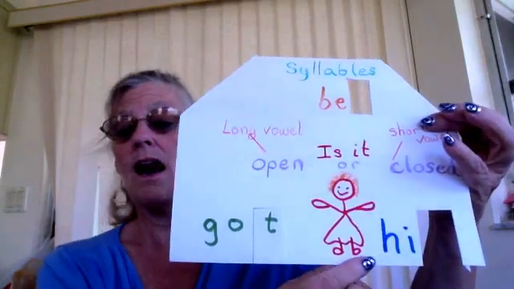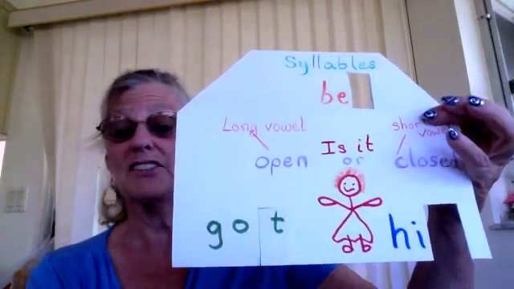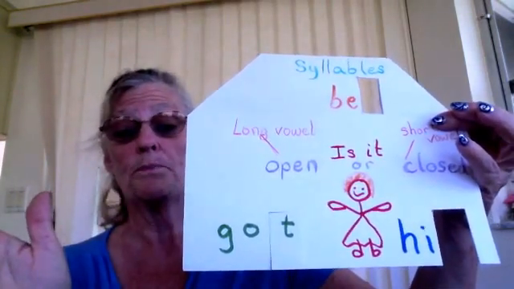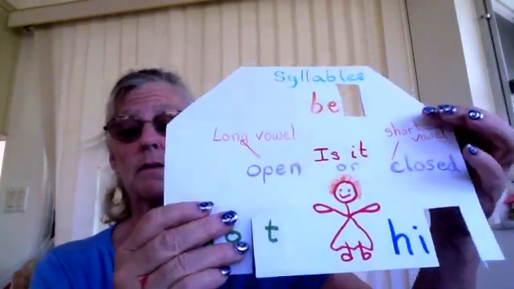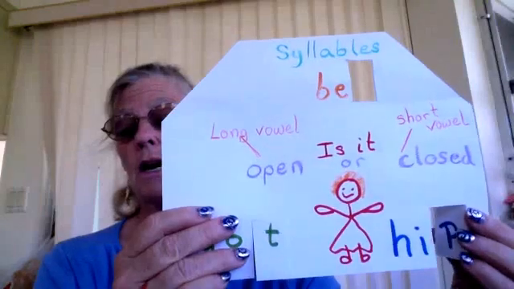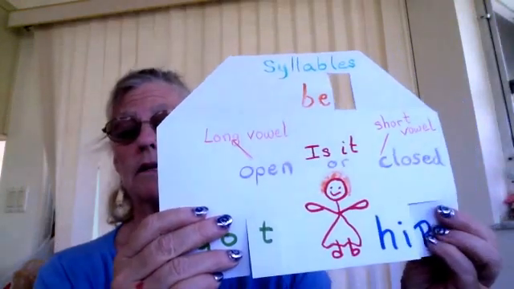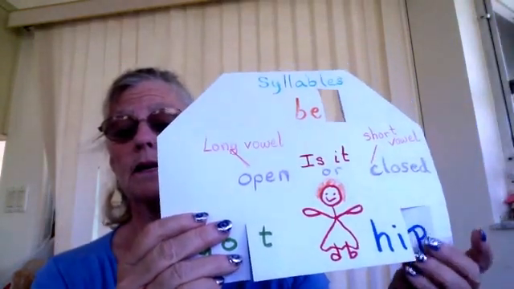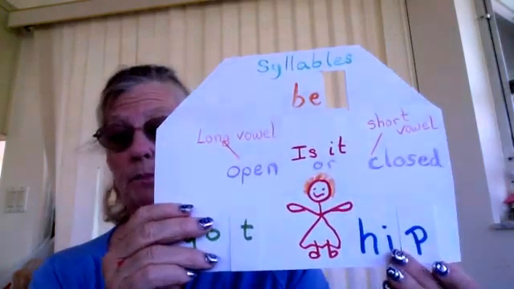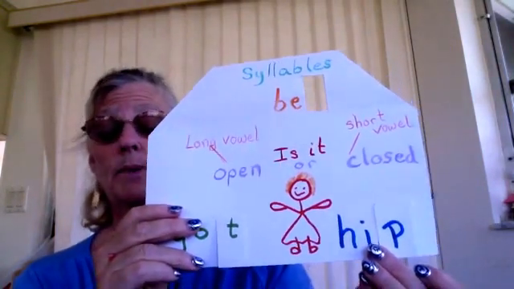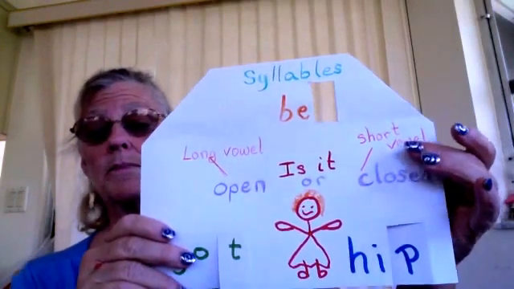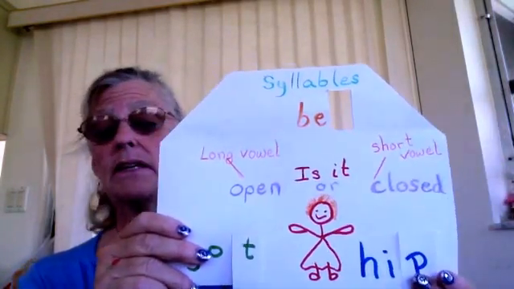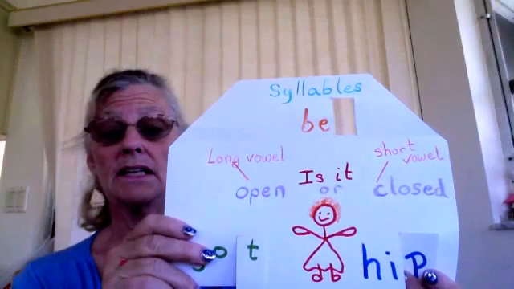This here, high, that's an open syllable, and it's a long I sound. But if I close the door on the I with a P, now I have hip. And hip is a closed syllable, and the I now is short as in if.